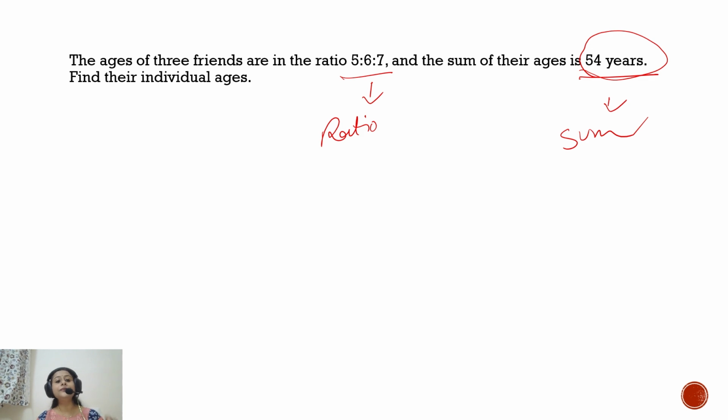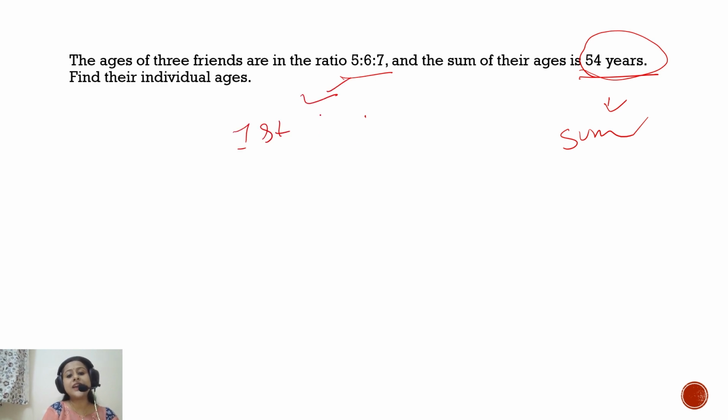So we have to find the individual ages, right? Since 5:6:7 is our ratio, 5 corresponds to the first friend's age, 6 corresponds to the second friend's age, and 7 corresponds to the third friend's age. Now given this, we have to find out the individual ages.